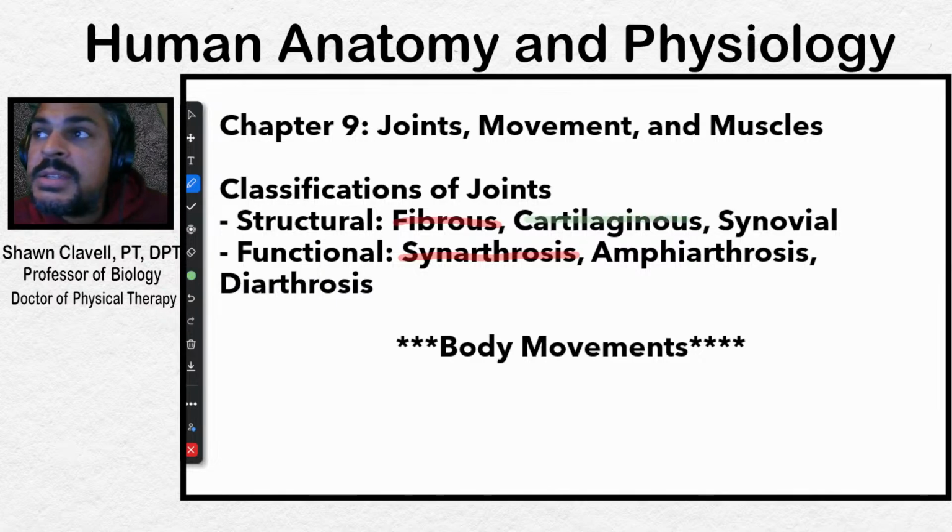Cartilaginous joints tend to be amphiarthrotic. So fibrocartilage is a symphysis, and that is an amphiarthrotic type of joint. There is also a type of fibrous joint that tends to be amphiarthrotic, and it's a syndesmosis.